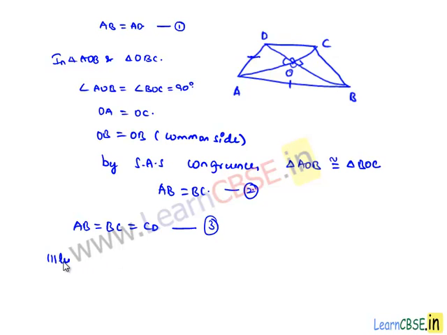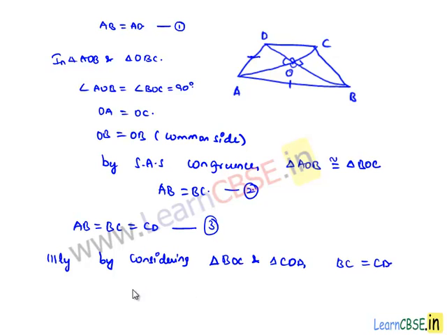Similarly, by considering triangle BOC and triangle COD and getting the congruence, and applying the concept that two congruent triangles have corresponding sides equal and angles equal, we can say BC will be equal to CD.